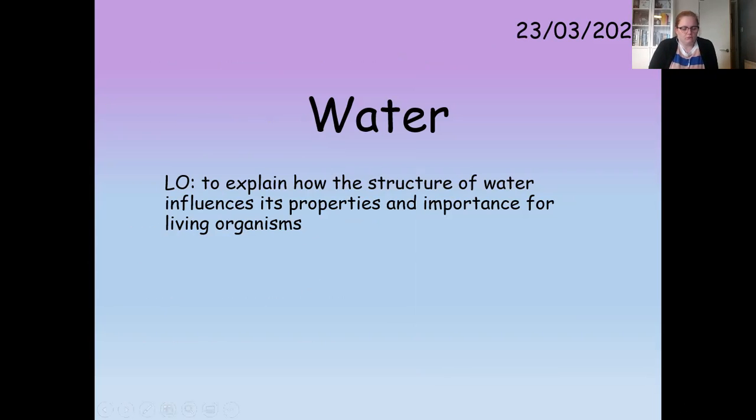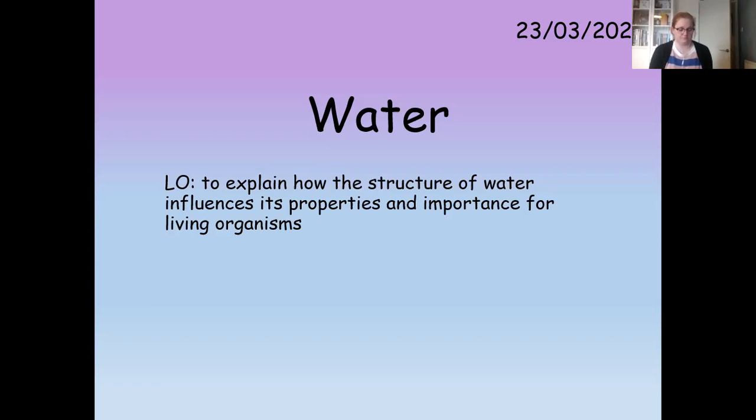60 to 70% of the human body is composed of water, and water is used for a huge range of things in our body. One of the ways it's used is as a reactant in our cells. For example, in plants, water is a reactant in photosynthesis. In our bodies and also in plants, it's a reactant in hydrolysis.